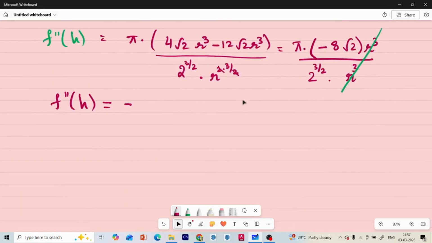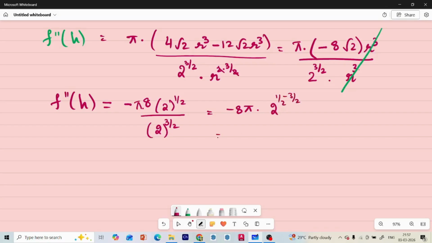So minus pi into 8 into 2 power half by 2 power 3 by 2. This becomes minus 8 pi into 2 power 1 by 2 minus 3 by 2, minus 8 pi into 2 power minus 2 by 2, that is minus 1.